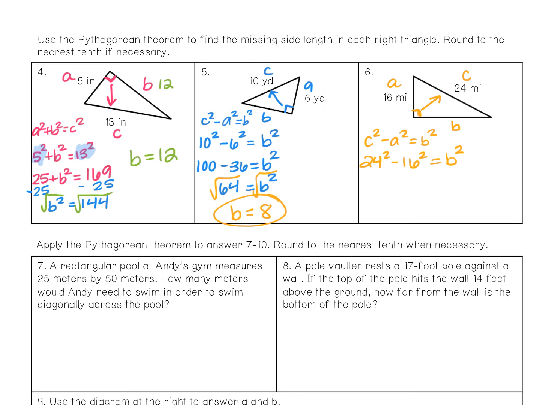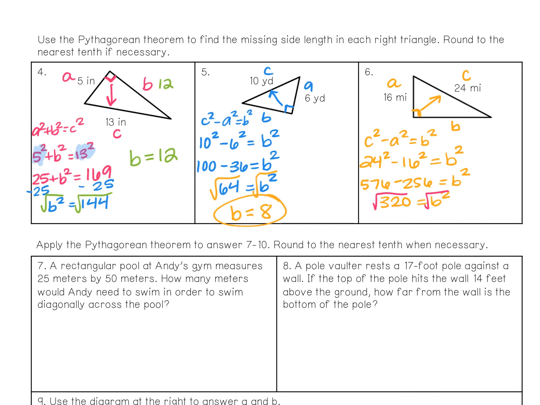Using my calculator, I know that 24 squared is 576. 16 squared is 256. When I subtract, I get 320. And I know that 320 is not a perfect square, which means I'm going to get a decimal answer, so I'm going to round to the nearest tenth like the directions told me to when I take the square root of both sides.